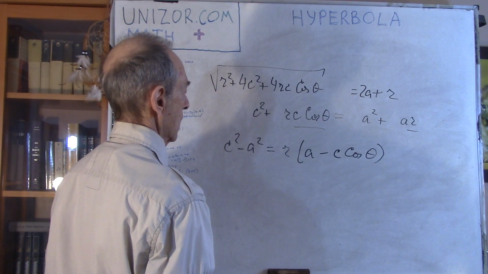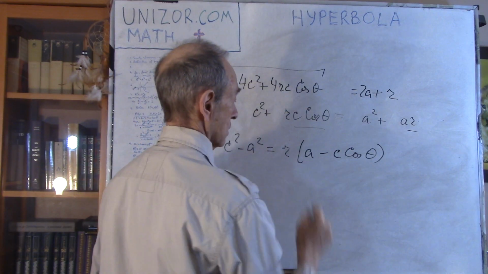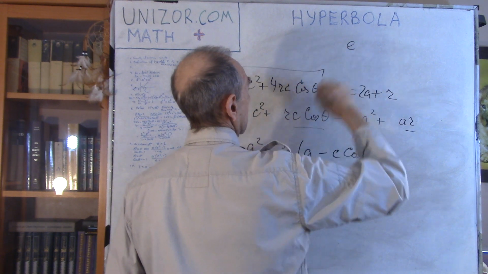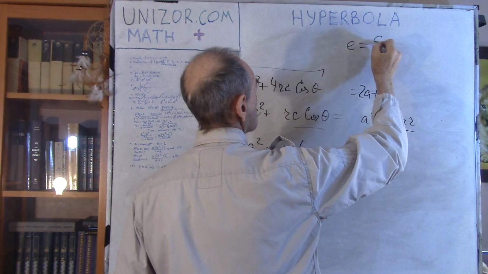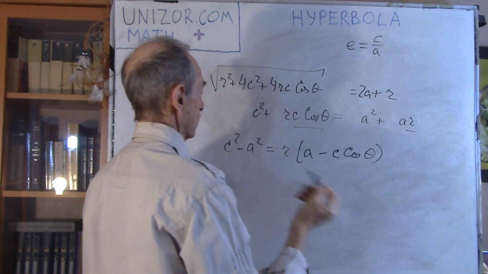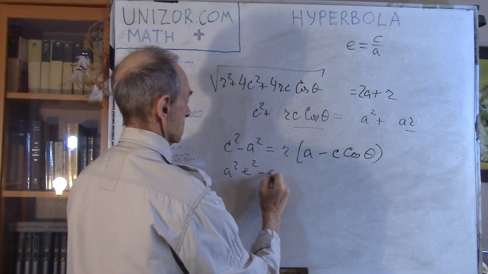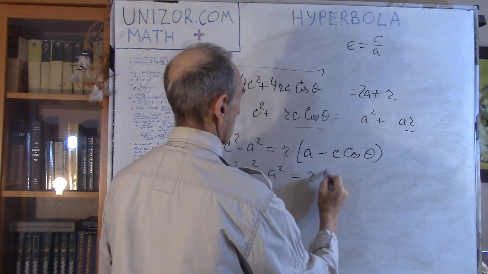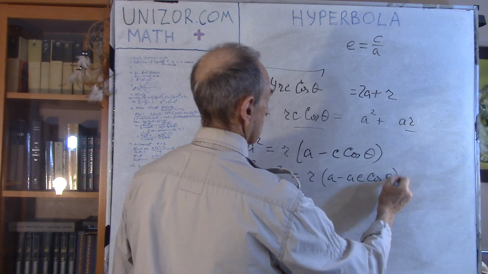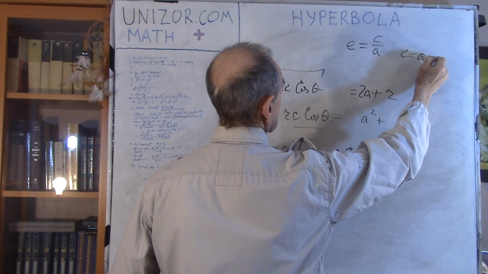Okay. Then what we usually do, and we did it for ellipses, we introduce eccentricity, which is c over a. From which we will get a squared e squared minus a squared is equal to r times a minus ae cosine theta, right? So c is equal to a times eccentricity.